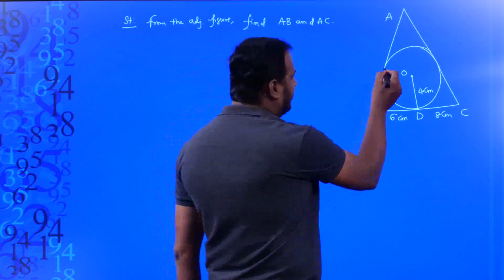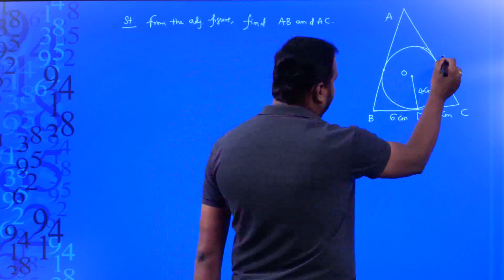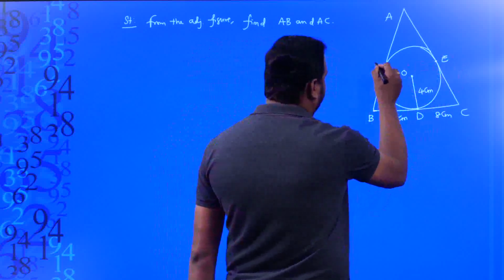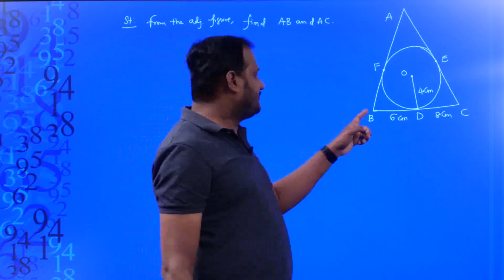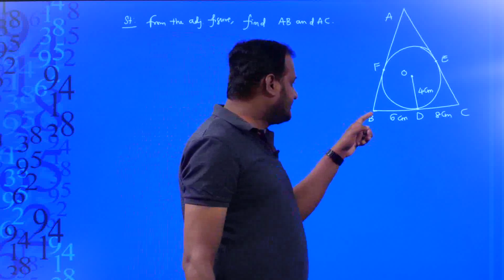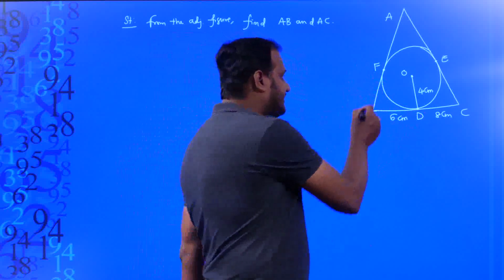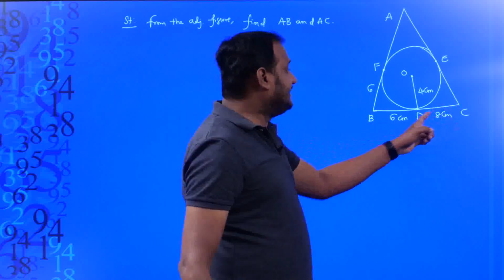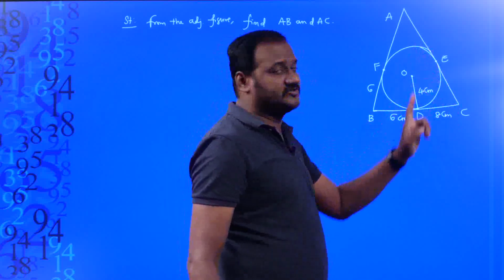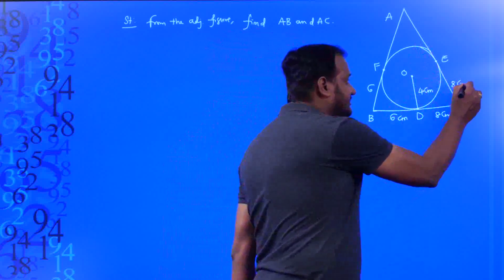Let the points of contact be D, which we already used, and let the others be E and F. So, these 3 are the points of contact. We know that B is an external point, so the tangents BD as well as BF are both equal, 6 centimeters. And from C, CD is one tangent and CE is one more tangent, so CD is equal to CE, this is also 8 centimeters.